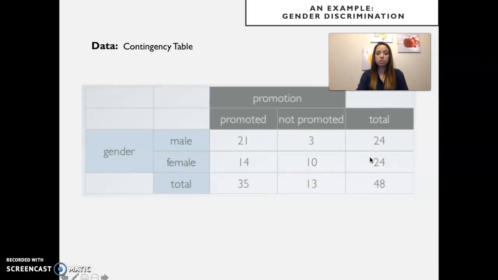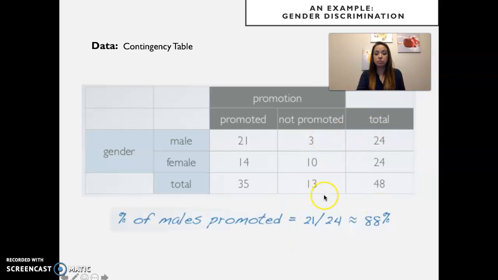So here's our contingency table. We want to compute the proportion of managers that decided to promote the candidate when they received the file marked as male. So that would be 21 out of 24, 21 divided by 24, which equals about 88% of the sample.